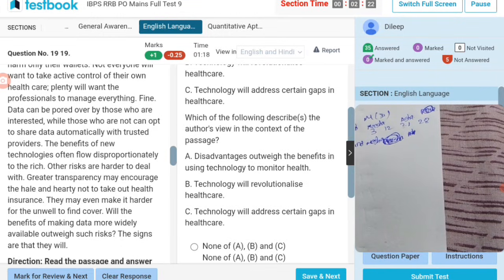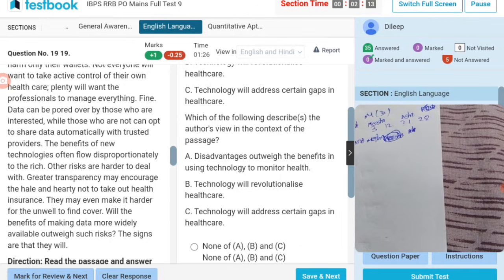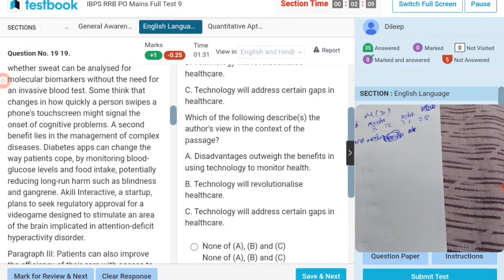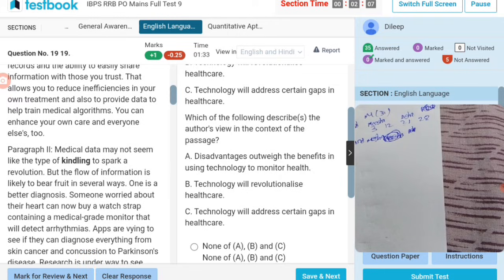So B. So technology will address certain gaps in healthcare.